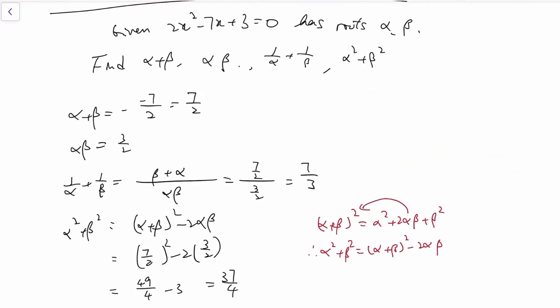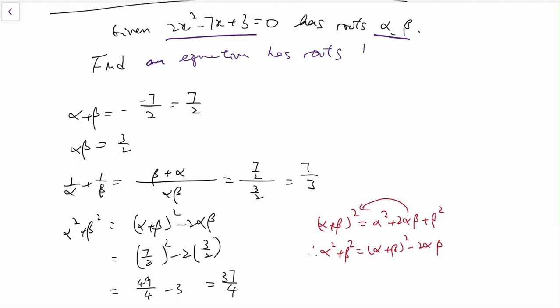Another type of question could be they give you a quadratic with roots alpha and beta. They can ask you to find another quadratic equation, so find an equation that would have roots, maybe 1 over alpha and 1 over beta.